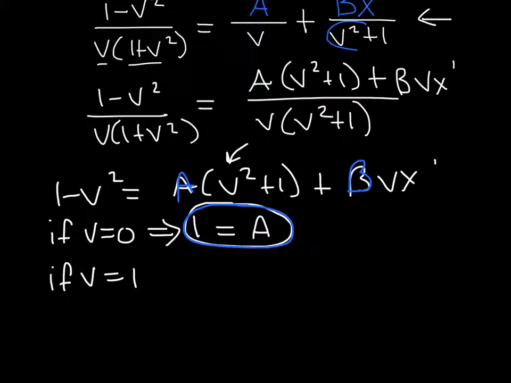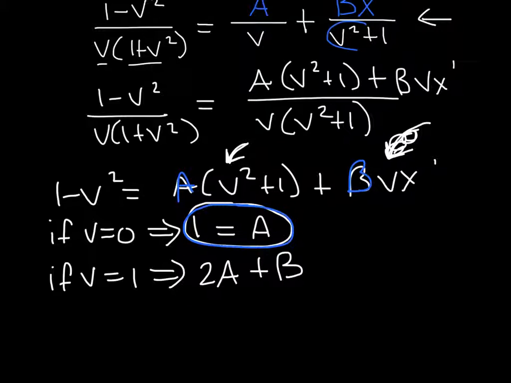But if v is 1, then again I'm inserting this guy, and that's just 1 squared plus 1 is 2, so I get 2a. And then I'm inserting my v. I'm not sure why I put the x there.